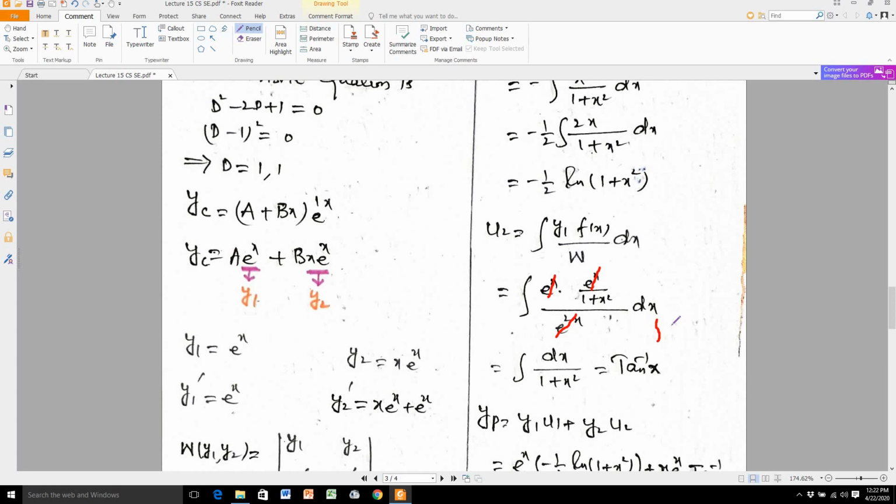integral dx divided by a square plus x square is equal to 1 over a tan inverse x over a.